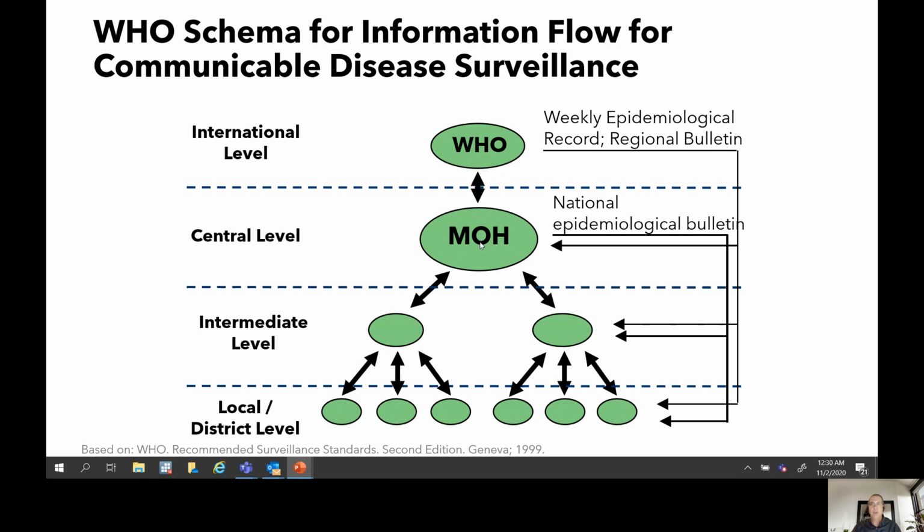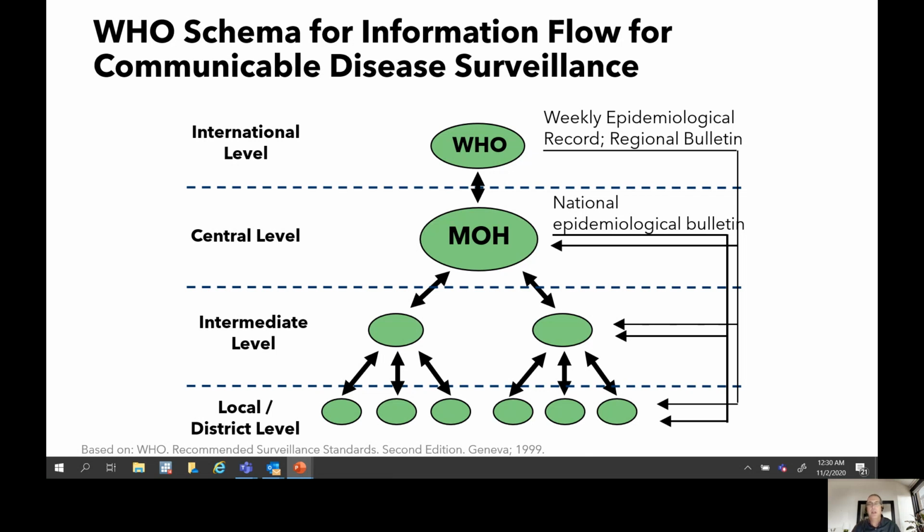And then across countries, that data gets consolidated and aggregated and gets reported out, like in the weekly epidemiological record or regional bulletins as well. And then this information is fed back to countries in terms of feedback for improving surveillance or in giving expert advice and guidance in terms of how to respond to public health issues that may have been detected as well.